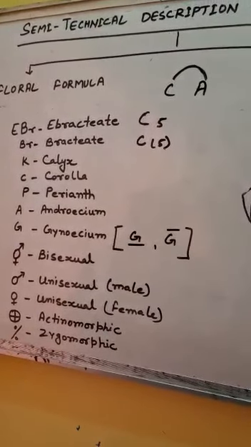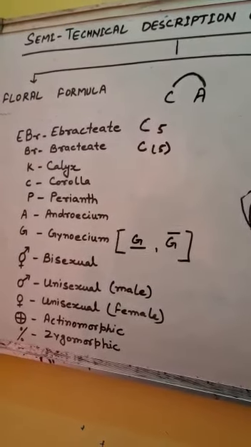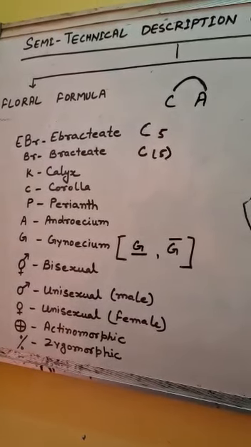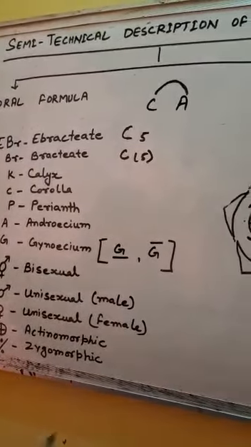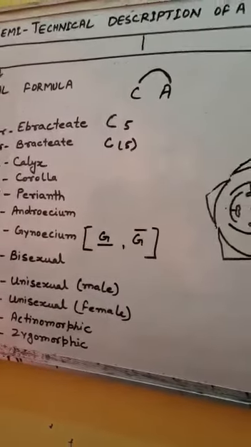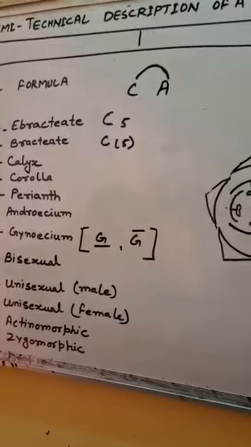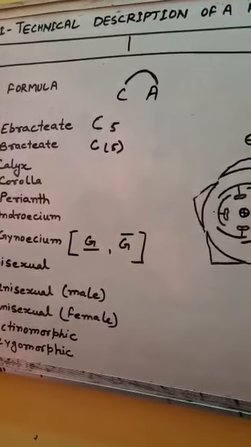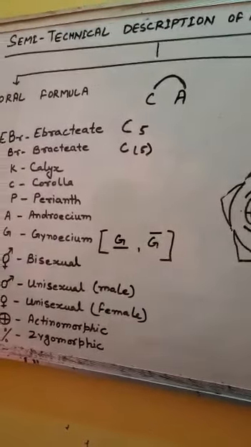So this is the technique to write down the floral formula of a flower. I am writing over there a floral formula, and afterward I will tell you the meaning of that floral formula. But as I am writing, you try to decode it.